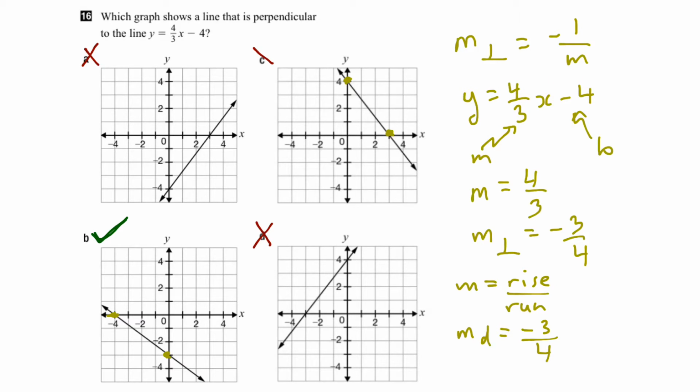So we can start by plotting the y-intercept of negative 4, and then go up 4, 1, 2, 3, 4, and over 3, 1, 2, 3. We put our point there, and if we draw a line through these 2 points, we can see that, yeah, it looks pretty much perpendicular to that line. So we know again that B is the right answer.